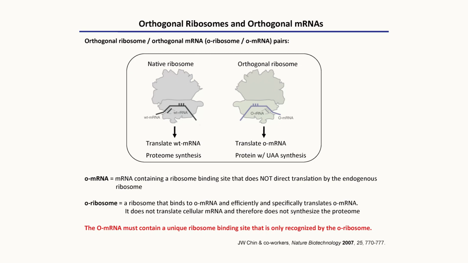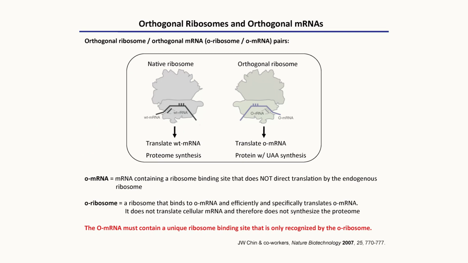So how to think about doing this? We need to think back about the initiation process, and that mRNAs have a ribosome binding site. Effectively, it's necessary to engineer an mRNA that contains a ribosome binding site that will not direct translation by the endogenous ribosome, so some new ribosome binding site.